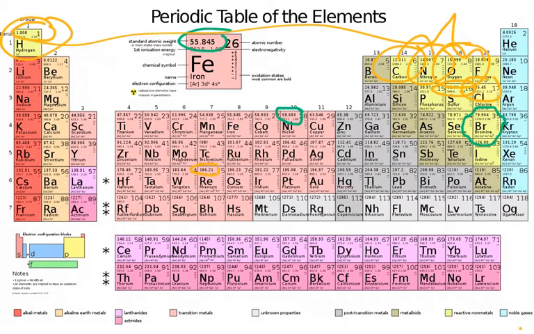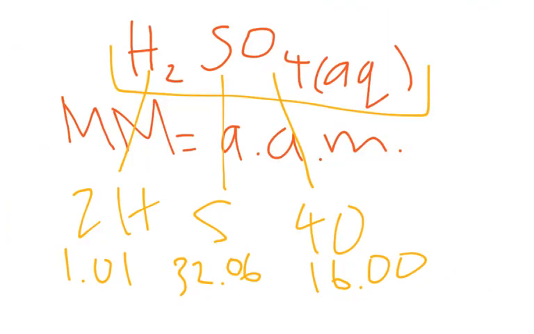So let's go back to our problem regarding sulfuric acid. We have to find the atomic mass of this entire compound by adding up these individual ones. So we have 2 hydrogens, so 2 times 1.01 atomic mass units each.